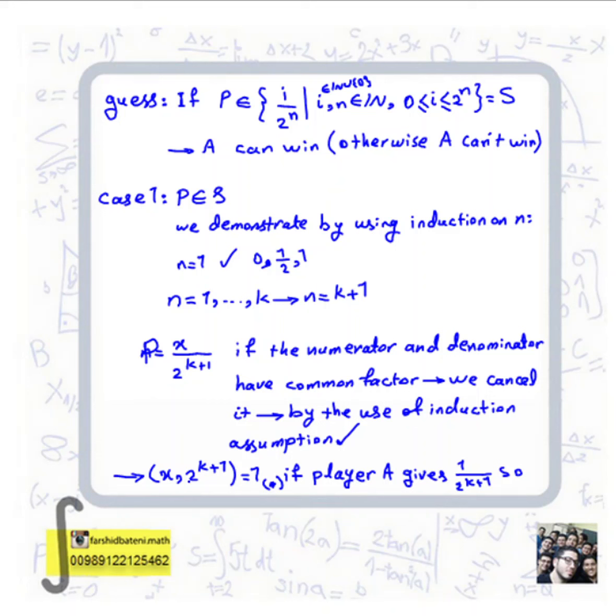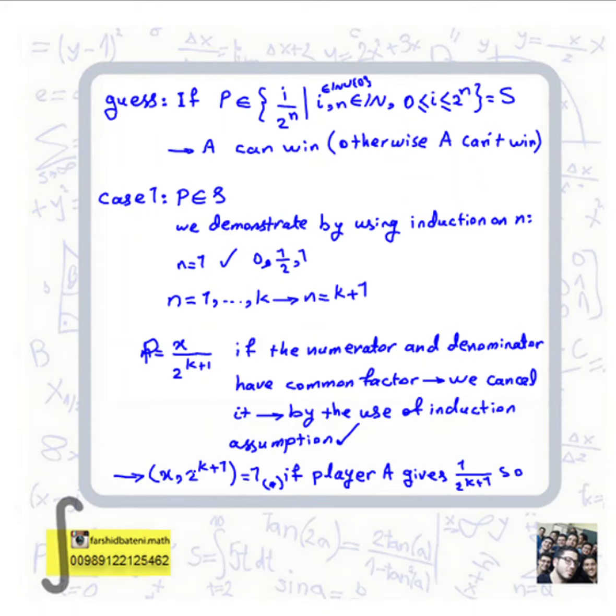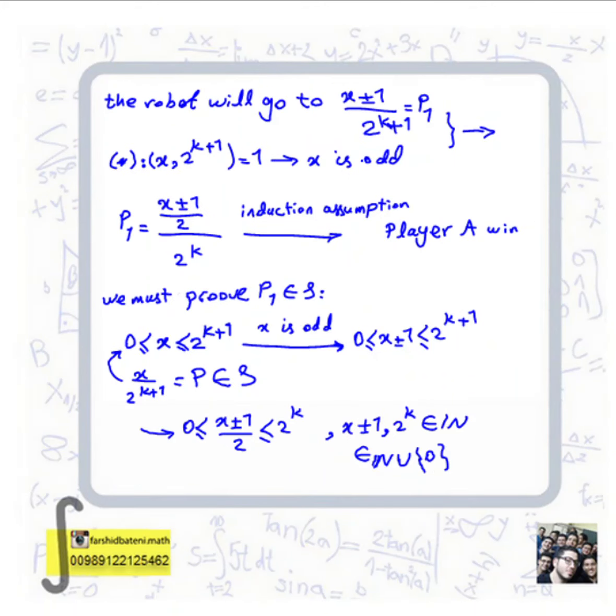So we must consider the case where the GCD of X and 2 to the K plus 1 is 1, and if player A gives distance 1 over 2 to the K plus 1, then we reach X plus or minus 1 over 2 to the K plus 1. We name it P1. By the use of the star, we can assume X is odd. And now we write P1 in this format, and the power of the denominator decreases, and by the use of induction, player A can win.